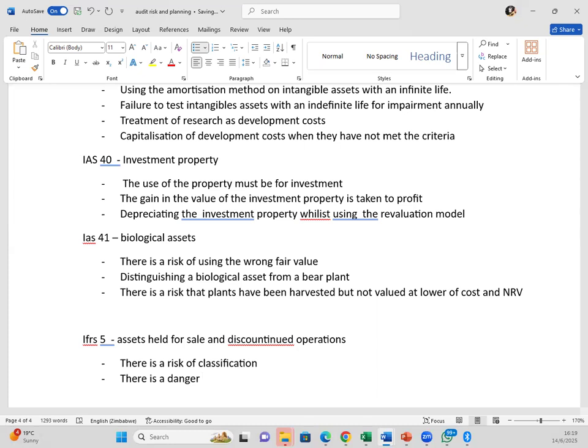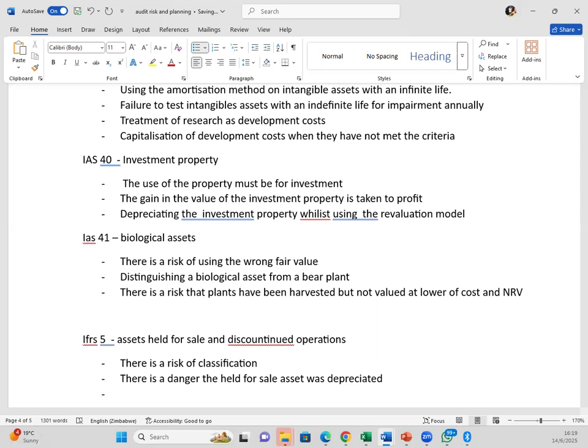So IFRS 5, assets held for sale and discontinued operations. There is also a danger that the asset is depreciated. Held for sale assets are not depreciated. There is a danger that the held for sale asset was depreciated. They depreciated the asset held for sale.